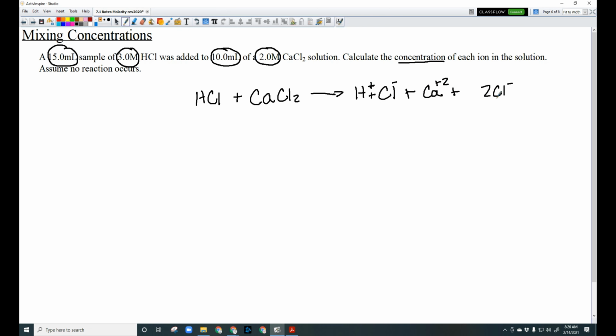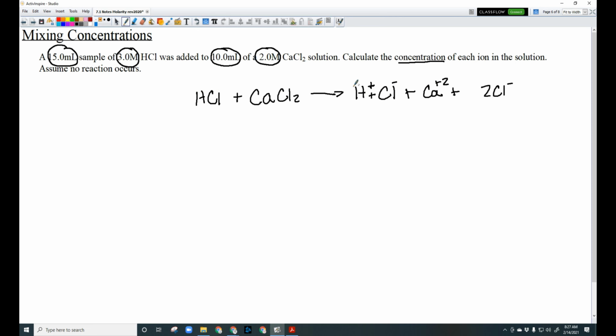So this is the net ionic equation. These are all going to be dissolved in the solution. So we want to know what is the concentration, the molarity, of each one of these ions.